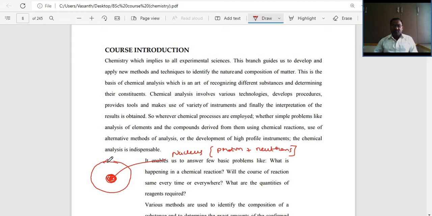In the outermost valence shell, electrons are revolving. That's why the nucleus has a positive charge, because of the positively charged protons; neutrons have no charge. Electron has a negative charge.